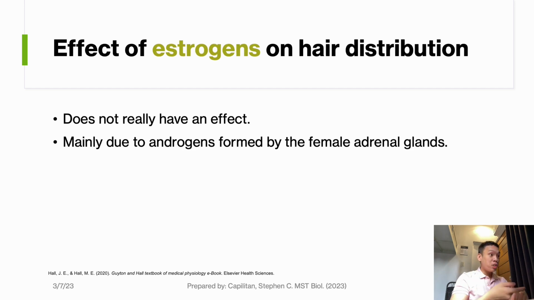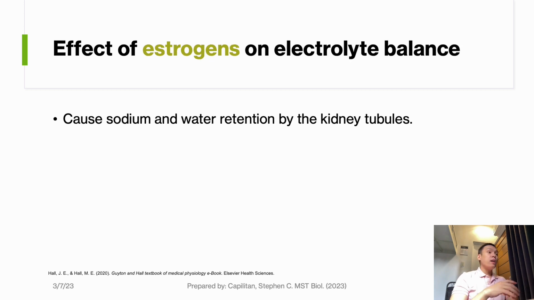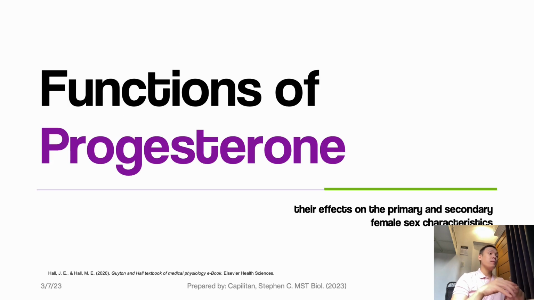On hair distribution, it doesn't really have an effect, mainly due to androgens formed by the female adrenal glands. On your skin, it causes a soft and usually smooth texture, and causes the skin to become more vascular. On electrolyte balance, it causes sodium and water retention by the kidney tubules.